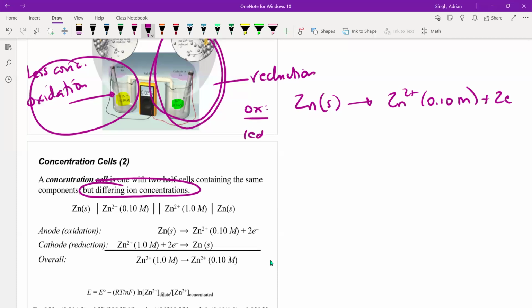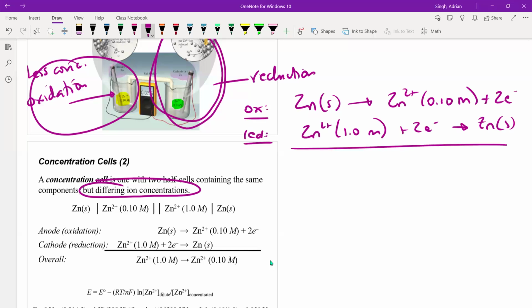And then we have our reduction occurring where the zinc 2 plus, which is now a 1 molar solution, gains 2 electrons to produce zinc solid. Okay, so we add these two together, the electrons cancel out, zinc cancels out, we end up with zinc 2 plus 1 molar becoming zinc 2 plus 0.10 molar.